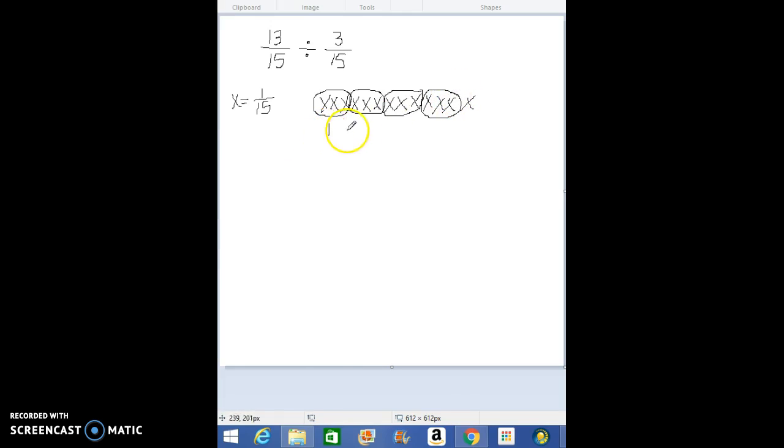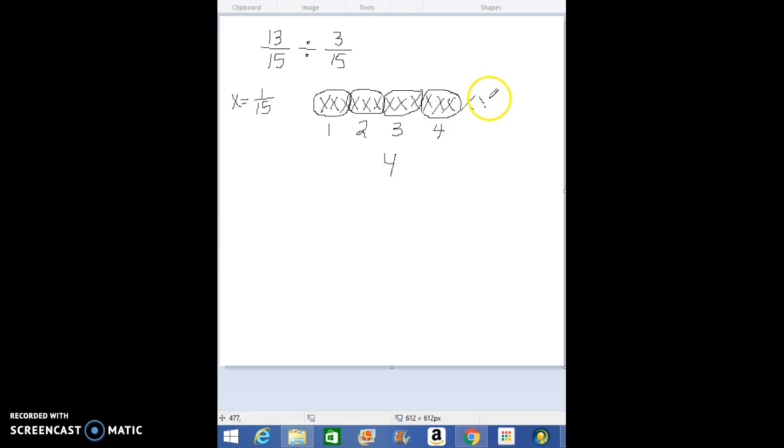And I have 1, 2, 3, 4. So I have 4. I have part of a group, but I don't have the whole group, right? So we need to say, how much of a group do I have? I need all 3 to make a whole group, so I don't have that.